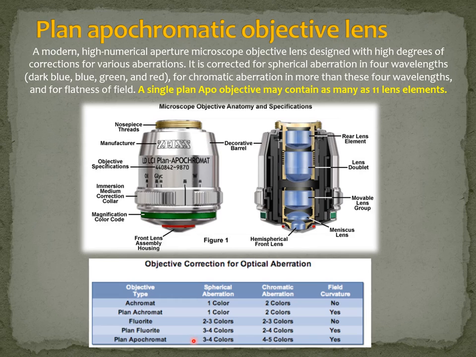And of course, the lenses that are the most expensive and do the most corrections are the plan apochromatic that you see in here. They're capable of correcting three to four colors, both for spherical aberration and also for chromatic aberrations. But lenses are incredibly complex, and you will have another seminar, another class that will cover this topic.